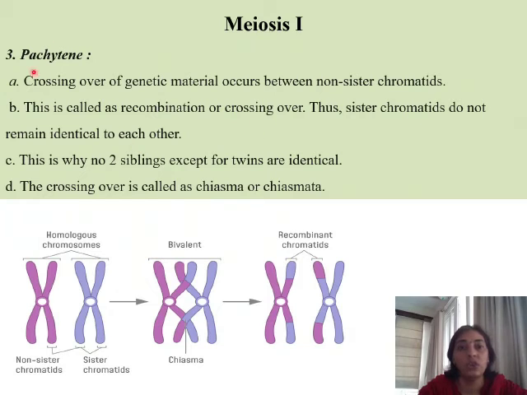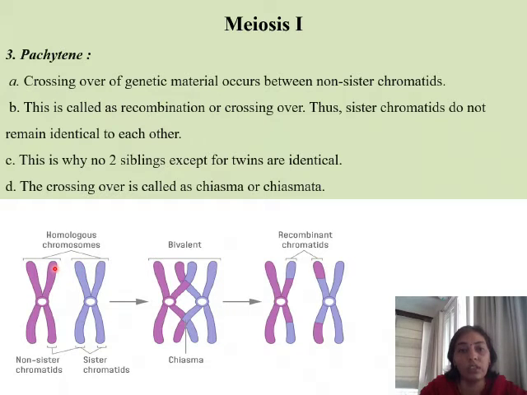The third stage of prophase 1 is called pachytene. A number of important changes are going to take place during the pachytene stage. Firstly, crossing over of genetic material occurs between non-sister chromatids. So you can see the two of them over here. These are non-sister chromatids.